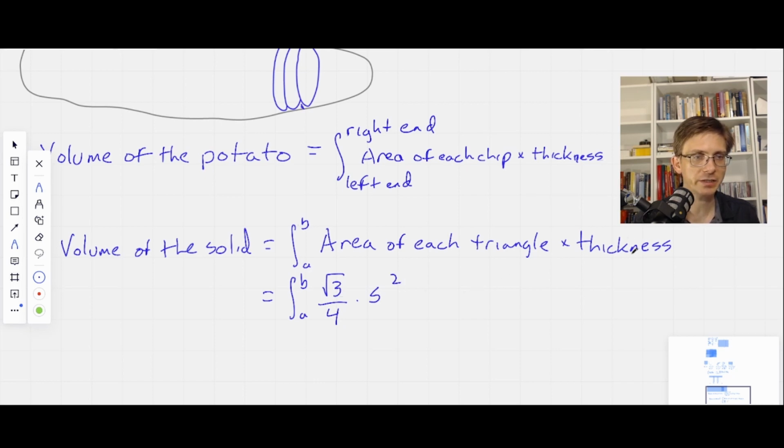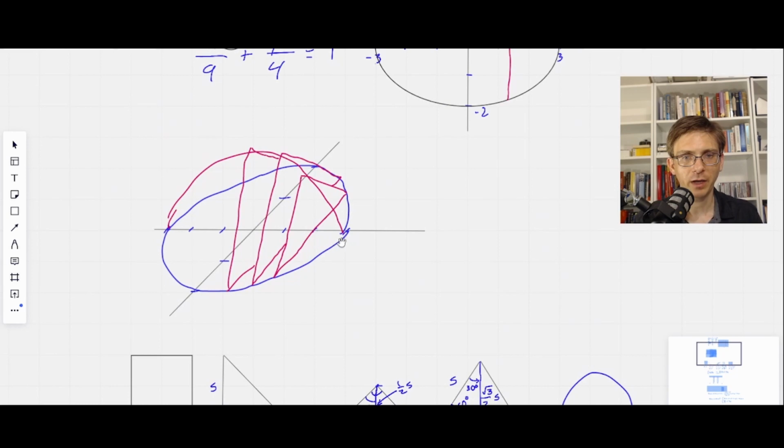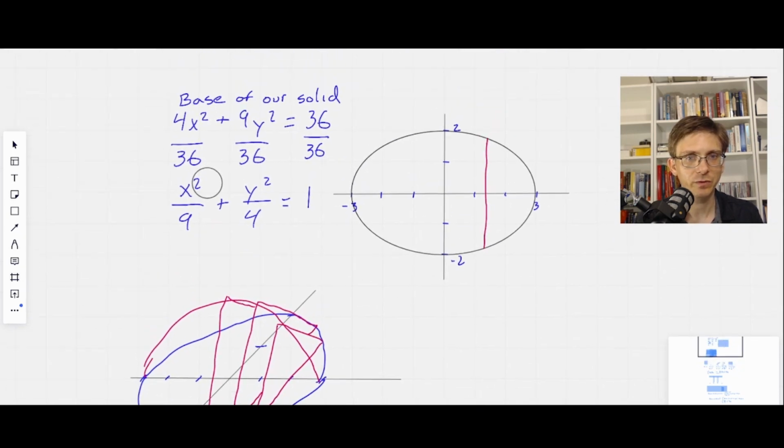And then the thickness of each triangle, that's where our dx comes in. So if we go back up and look at our shape here, we would need to figure out how to come up with the area of each of these triangles and then multiply it by its infinitesimal width.